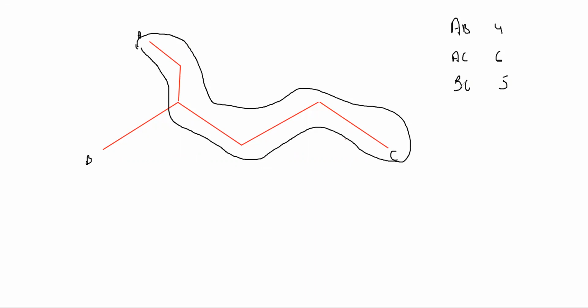Then numbering should start from the nearest branch. If I number 1, 2, 3. If I number the other way around, it will be 1, 2, 3, 4. So which numbering should I follow? The first one, because it's coming at 3. How many carbons are there in the branch? What is outside is a branch.